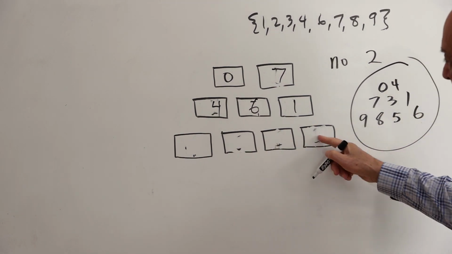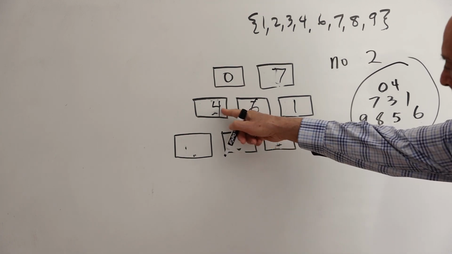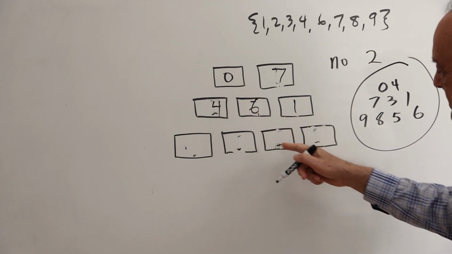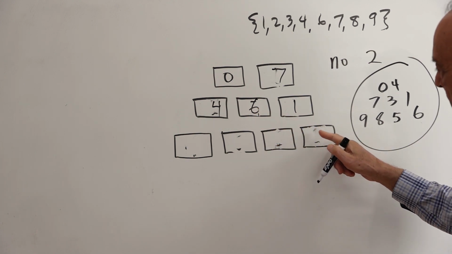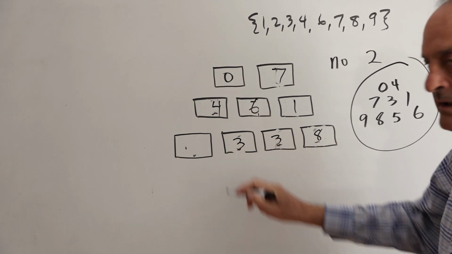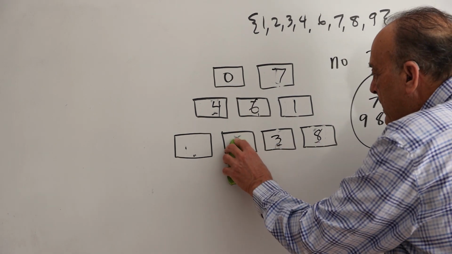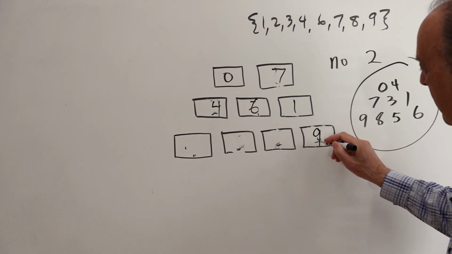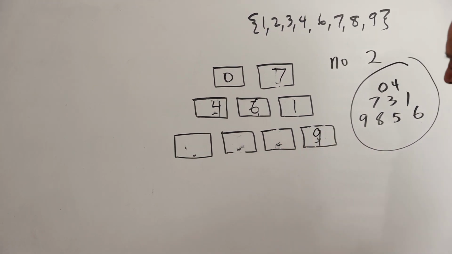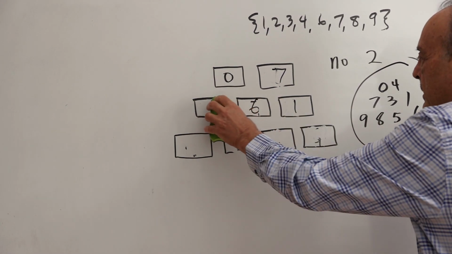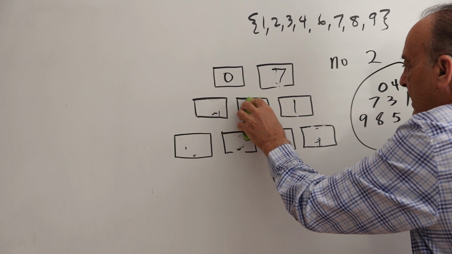So we could try 4, but then we would need 7. Well, we already used 4. So we could try 5, but we already used 6. And we could try 8 and 3, but then we would need another 3. So that doesn't work. And then we could try 9, but we can't use 2. So now we see that we can't use 7.